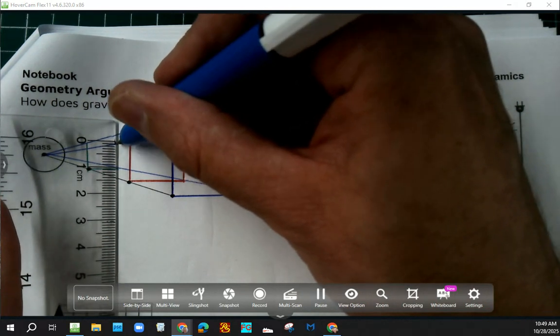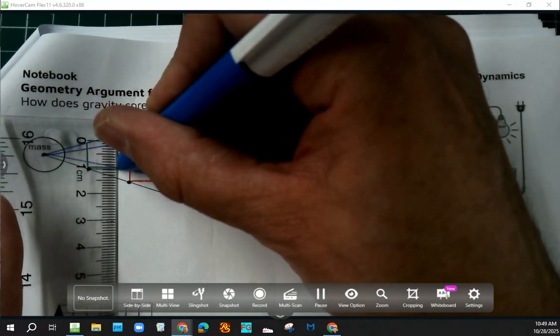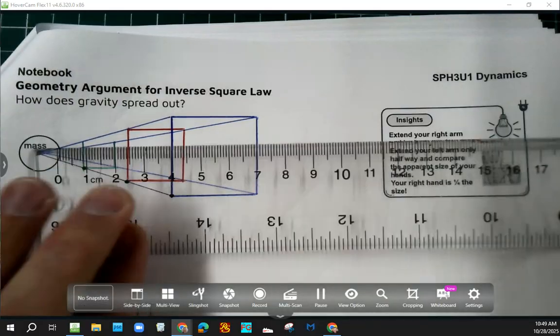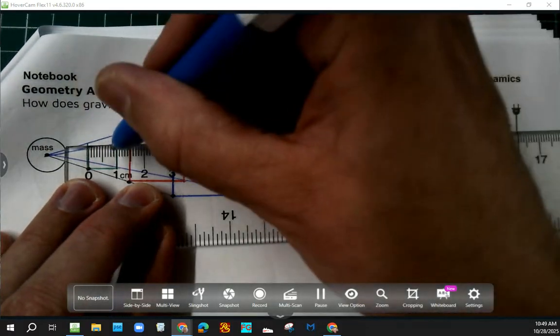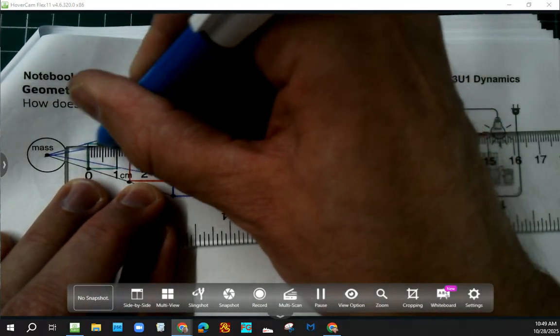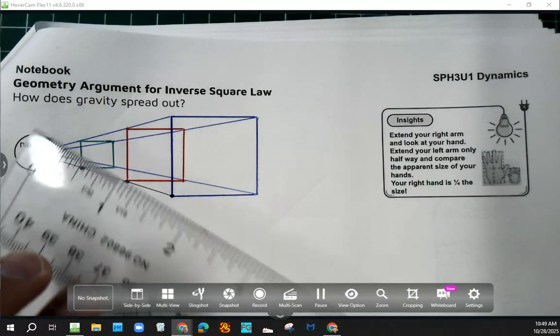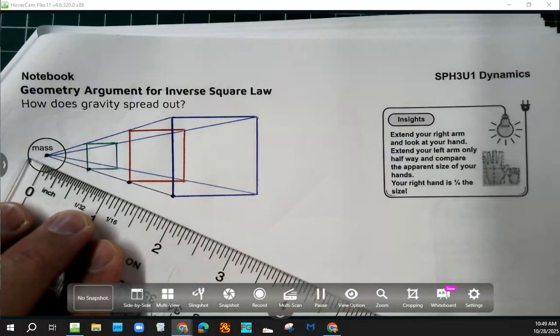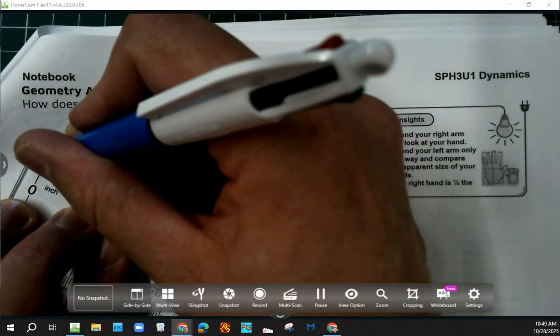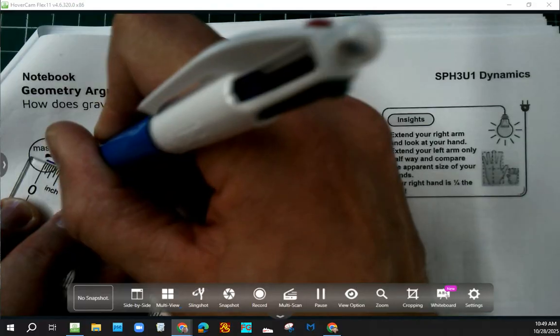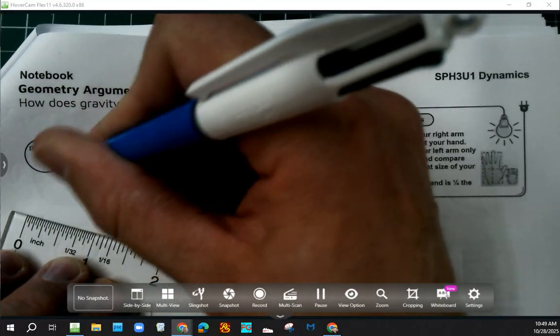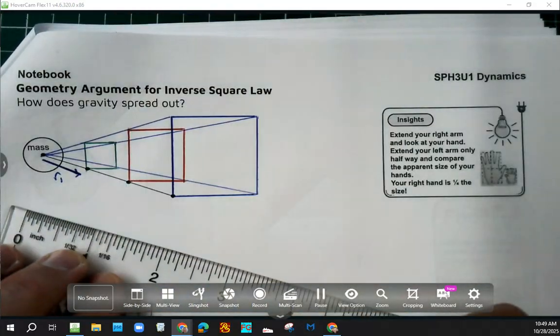Basically, I broke that line segment up into thirds. They're all equidistant from each other. And what that means is that if I was talking about how far each of those squares is from the origin, or from the center of mass, I could say that I've got R1.